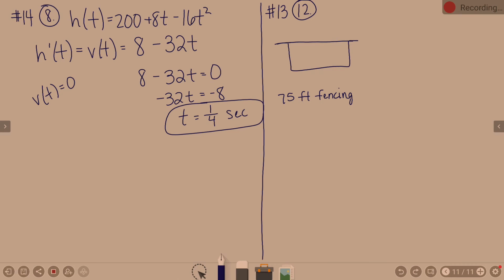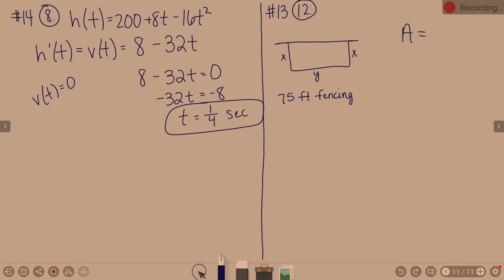So if we're trying to maximize the area, we need an area formula, right? What do you know about an area? Length times width. What they generally tend to do is they tend to make the two that are the same x, the other one y.